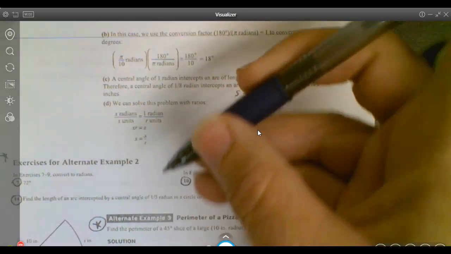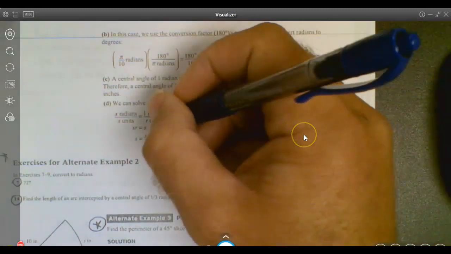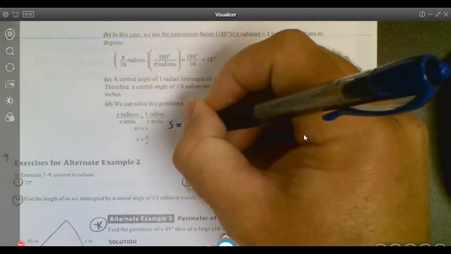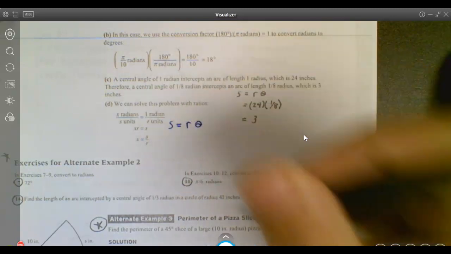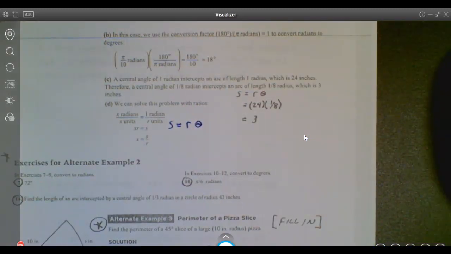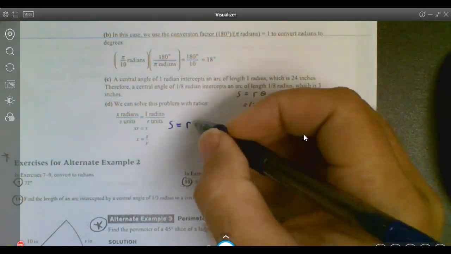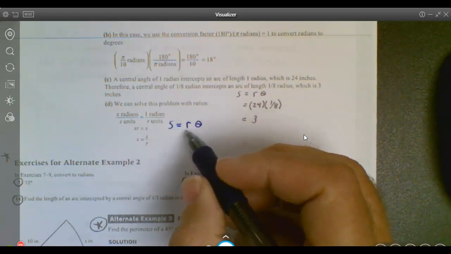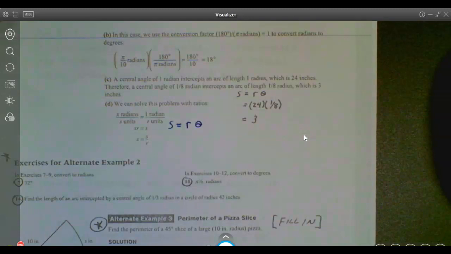For the last one, what they were trying to get you to see on this guy, let me just lay it out real quick. So here's our radius. So they wanted you to see how you could rework this formula to isolate the angle. So I know this is my arc length, I know this is my radius and my central angle. What if we were trying to find the central angle?